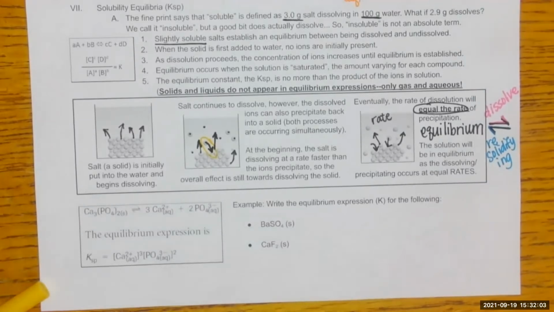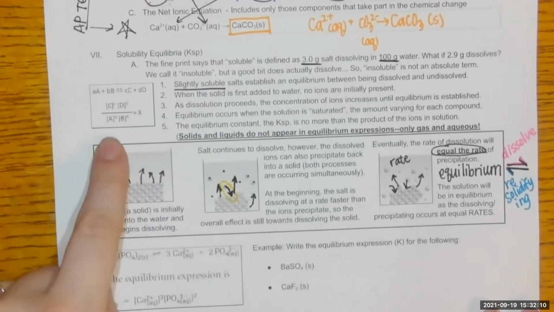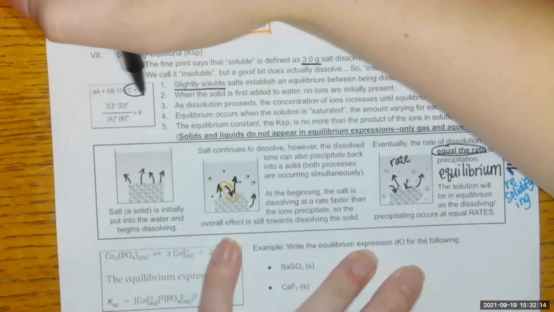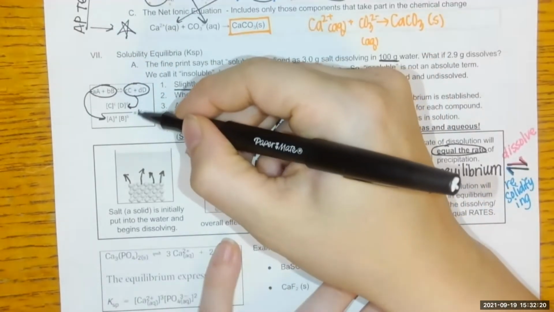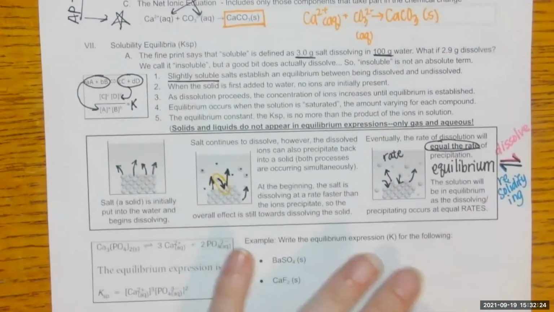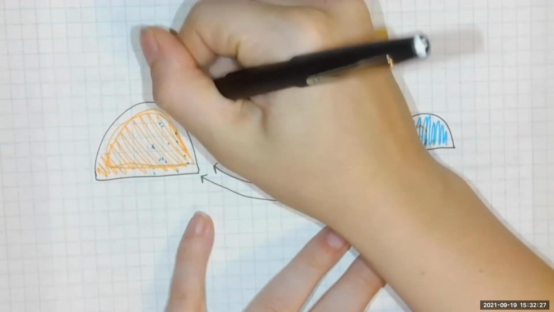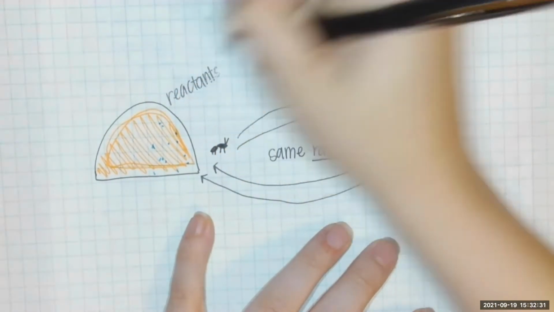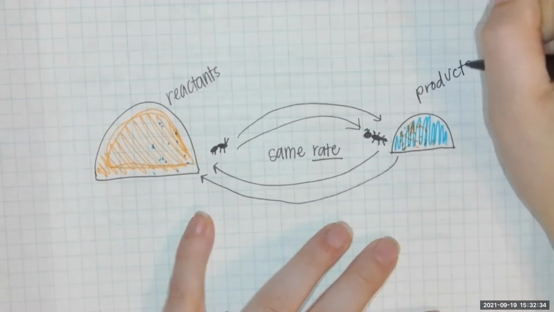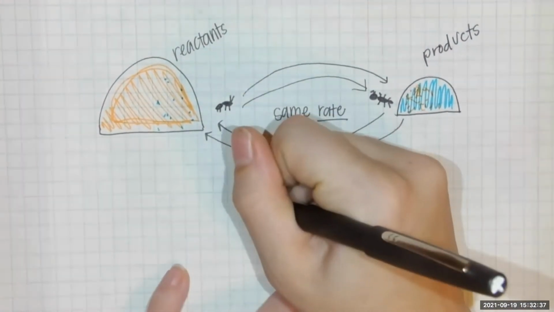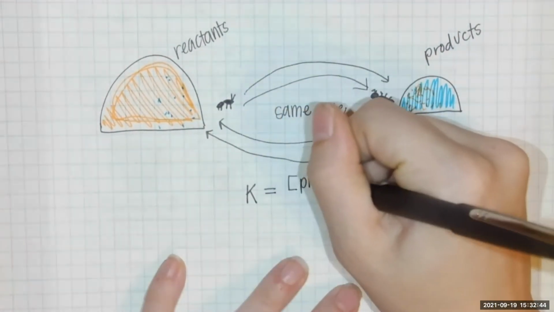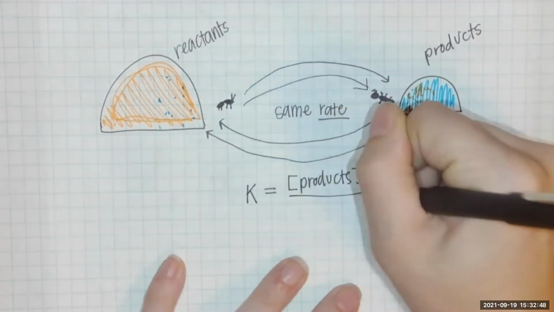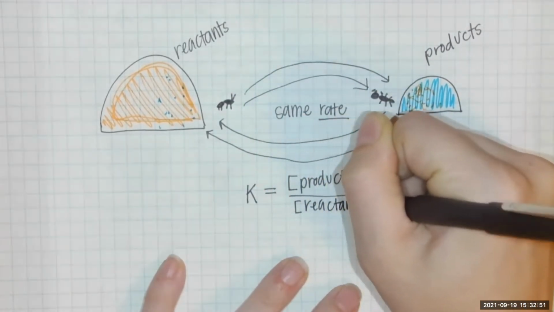Keep that paper, we'll use it later. So when we're doing an expression, we're going to take products over reactants in a ratio, and that equals K. So if this was my reactants, and this is my products, my expression would be K equals concentration of products over concentration of reactants.